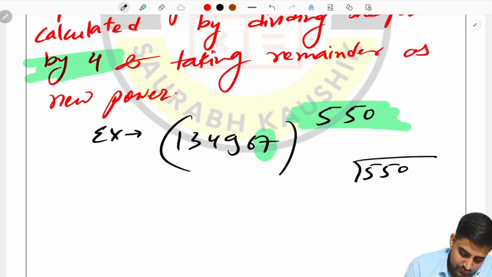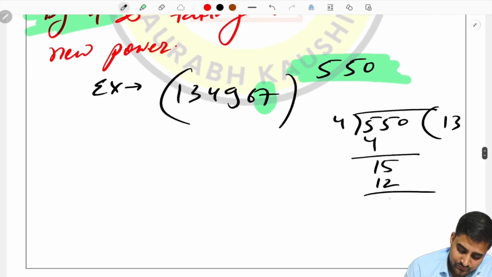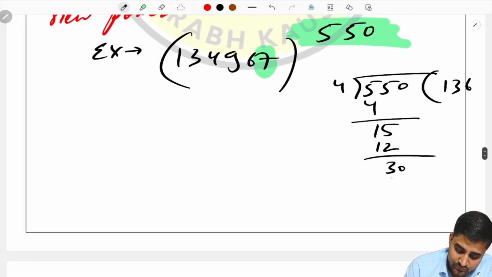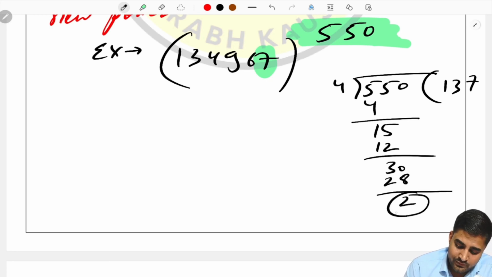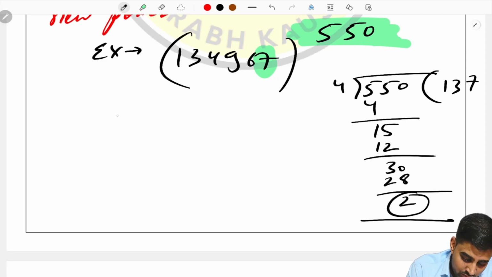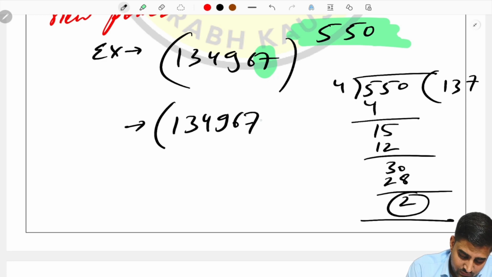550 divided by 4. 4 ones are 4, 4 threes are 12, 4 sevens are 28. So we are left with 2 as a remainder. So the new power is 2.